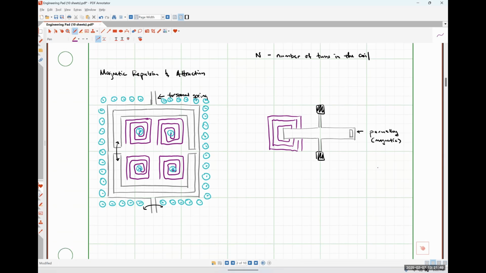So as a side view kind of thing, our structure would look something like this, okay? So here is our permalloy structure. Here's my little divot.